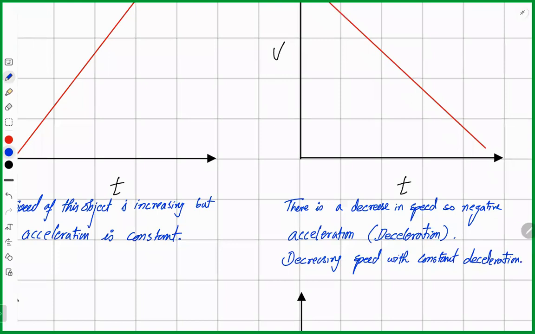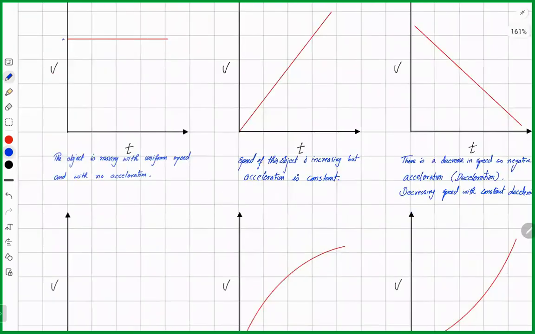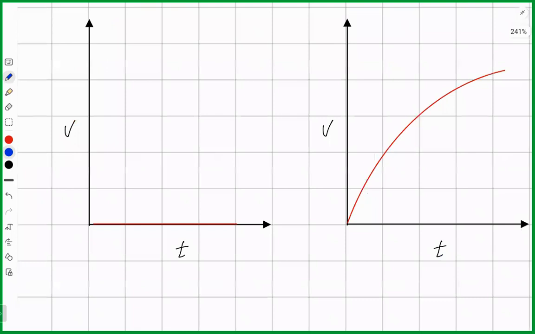Okay, now, how about this one? If the speed time graph is on the time axis, it means the time is going on, but there is no speed.